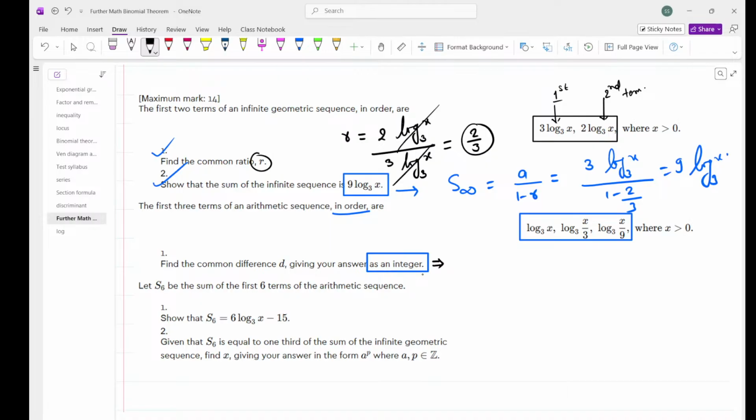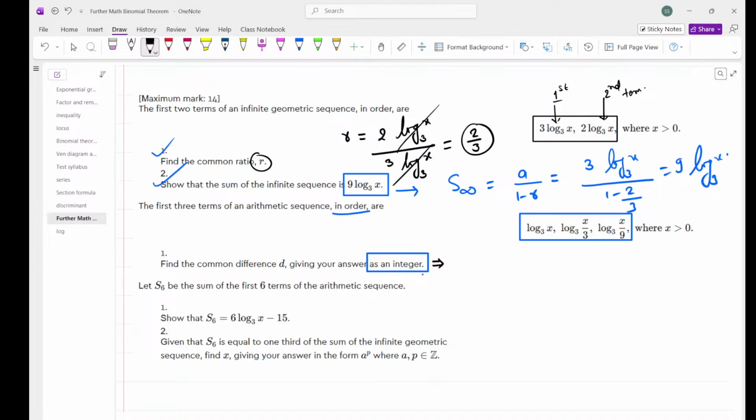Let S6 be the sum of the first six terms. Show that S6, right? So n over 2, 6 over 2, 2a. So 2 times that, log 3x squared, plus n minus 1, so 5.